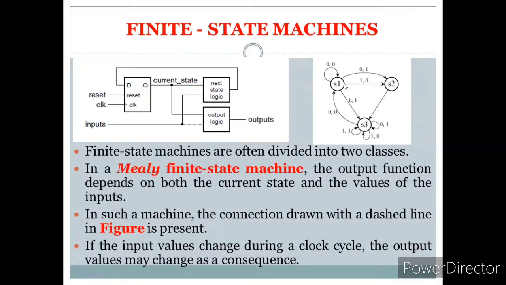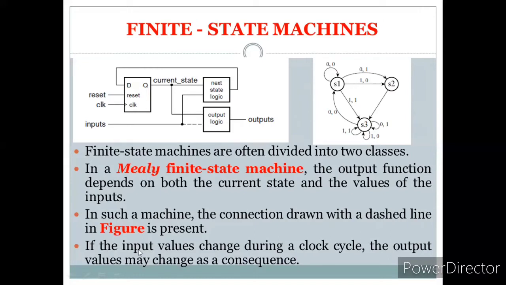After seeing this, it gives an output and goes to the next state. In such a machine, the connection is drawn with a dashed line in the figure. If this dashed line is there, then this is a Mealy machine. It uses the input as well as the current state to produce the output.